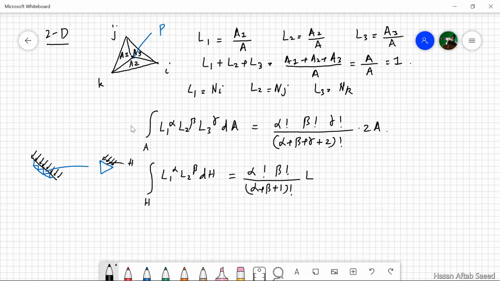Now, what would be an example of an area integral for a stress analysis problem? Again, take a body like this with a certain small thickness t. This body has a weight acting in the vertical direction like this.